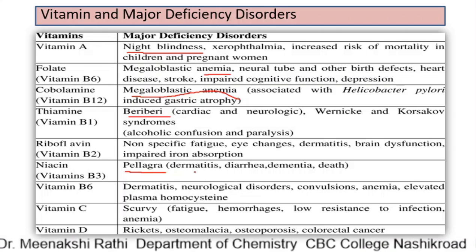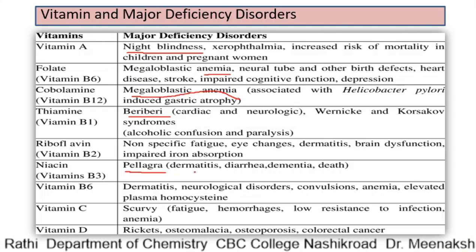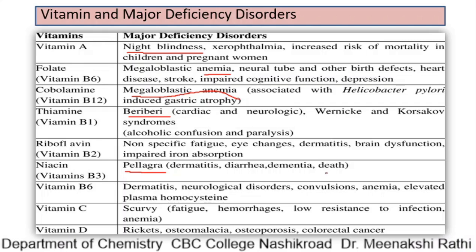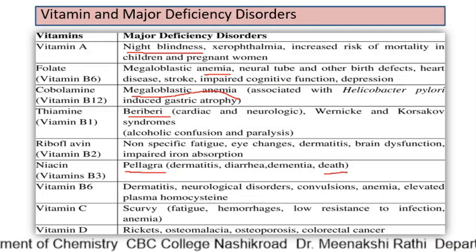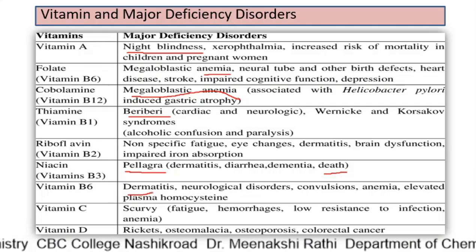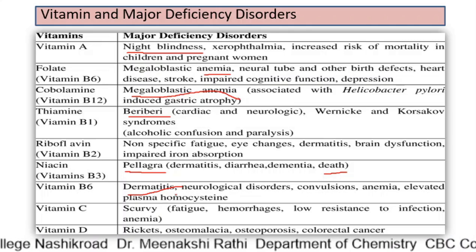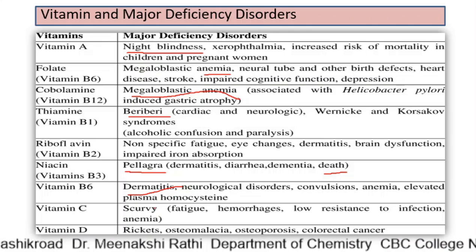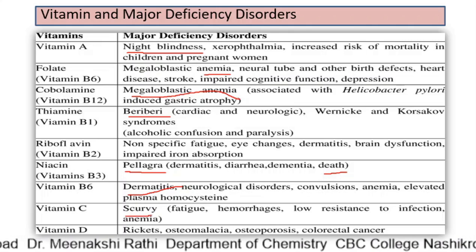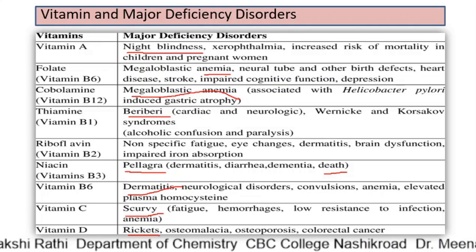The 3Ds are dermatitis, diarrhea and dementia. If these are not treated well, then it may result in the 4th D, that is death. Vitamin B6, again not very specific, but it is related to dermatitis, anemia, fatigue. Vitamin C, the main disease is scurvy, and vitamin D, the main disease is rickets.